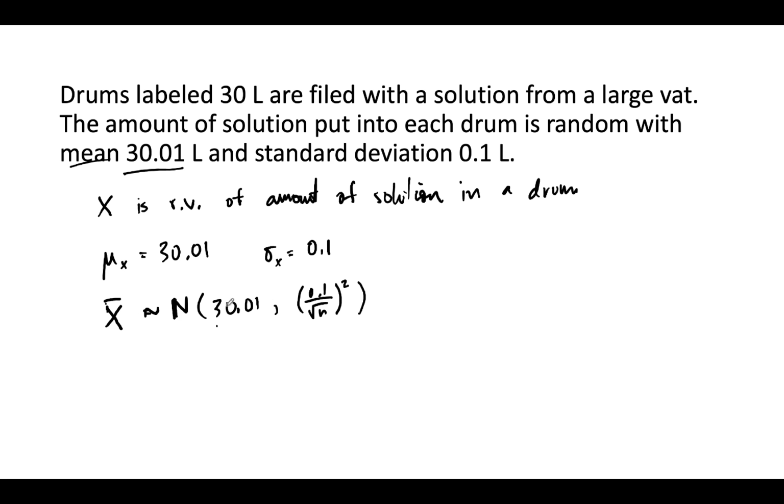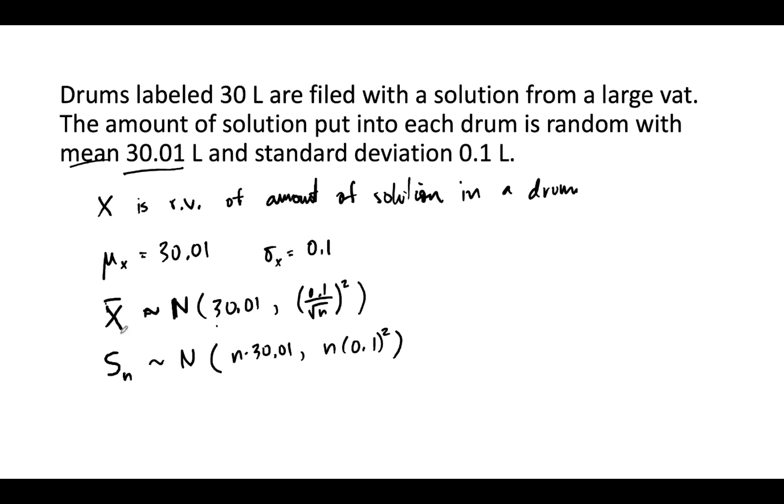Okay, so that's the standard one, and then let's just apply our other version of it, our little corollary, and that is that the sum of a sample, so a sample size of n, will have mean n times 30.01 and variance n sigma squared in this specific case.